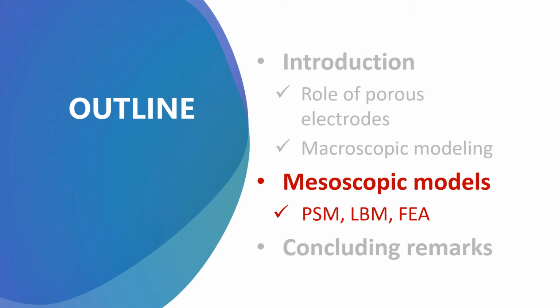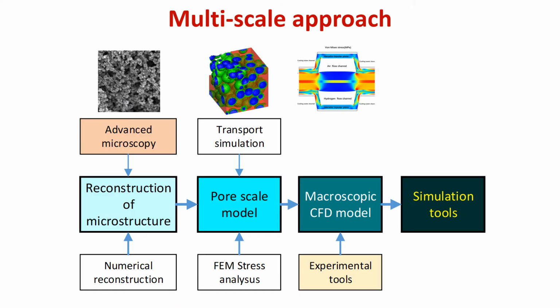So next, we look further on the topic of mesoscopic modeling, where you hear terms such as pore scale model (PSM), lattice Boltzmann method (LBM), and finite element analysis (FEA). So here is the flowchart of the workflow of a multi-scale approach.